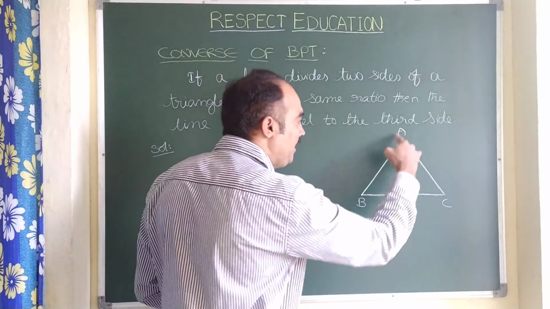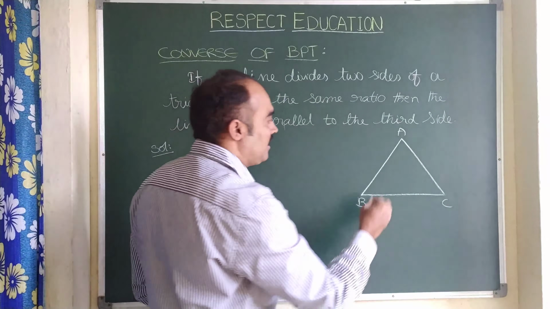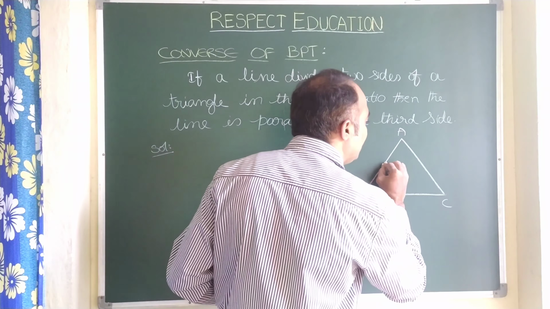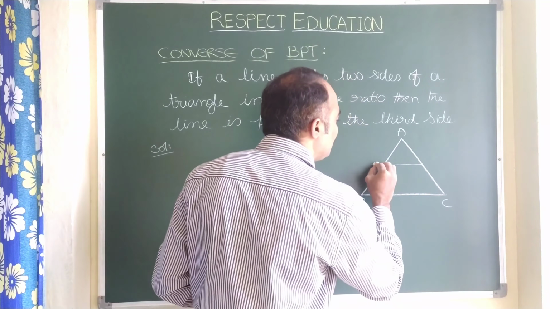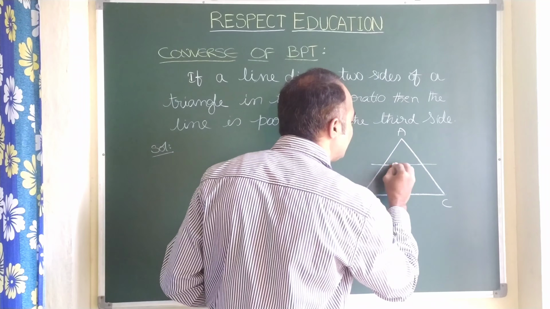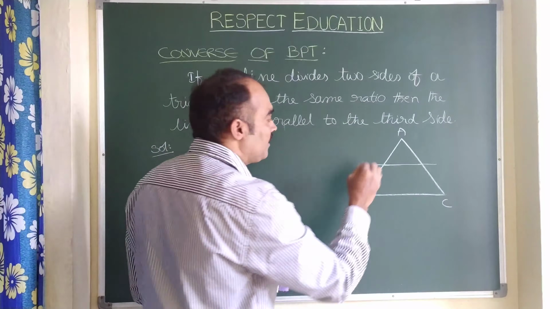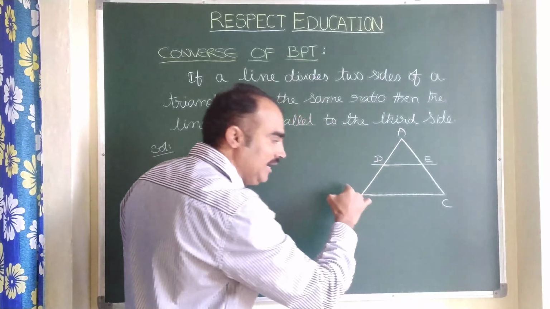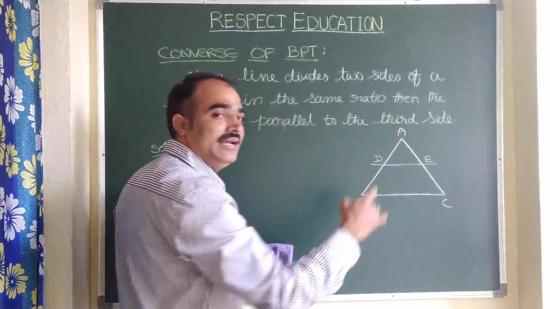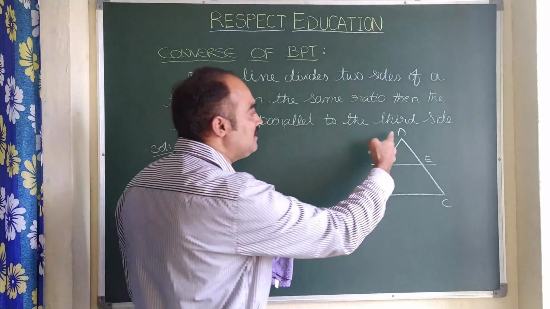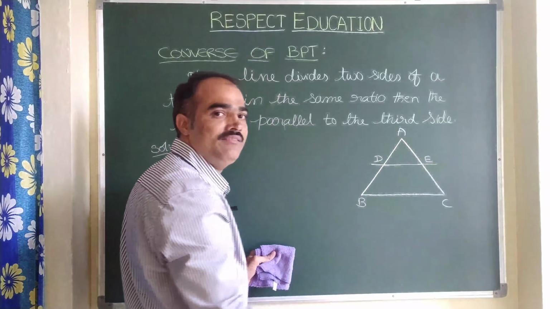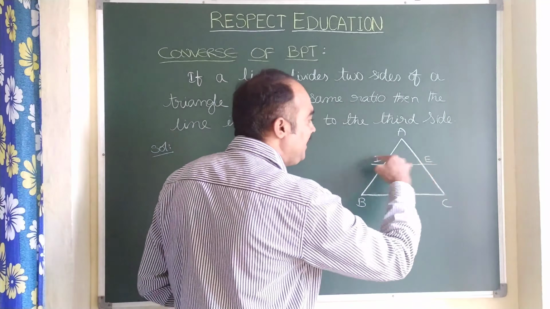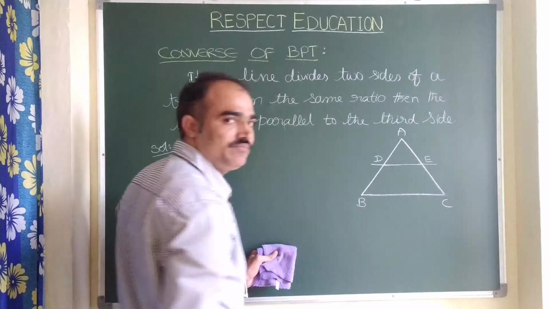Here I am taking AB and AC. For example, if I take DE, let us show this as a line. If DE divides AB and AC in the same ratio, meaning the ratios are equal, then we need to prove DE is parallel to BC.